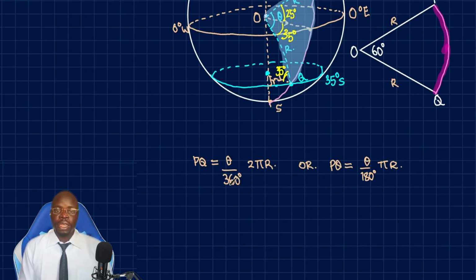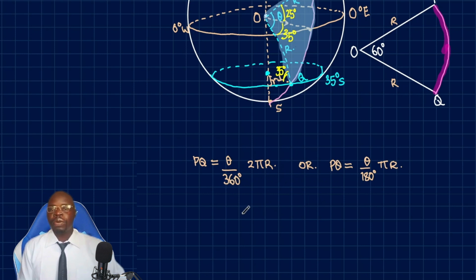So you can see if you're using 180 degrees here, then we have to write only pi r. But if you're using 360, then you have these two. The reason why we use 180 here is because the 2 will have cancelled it down, but otherwise, this is our original formula, and this is just derived from what we have here.